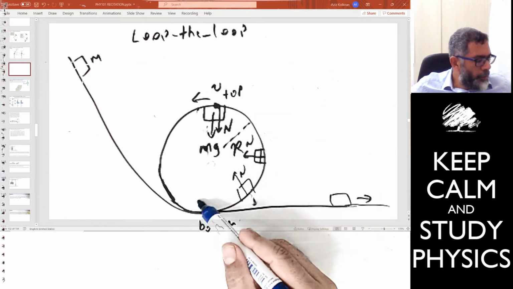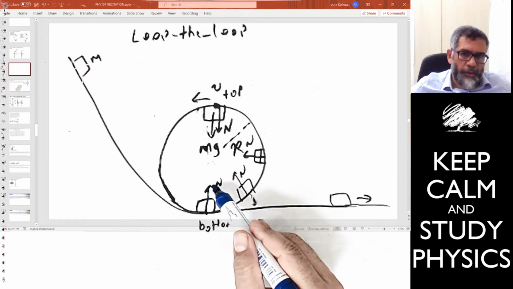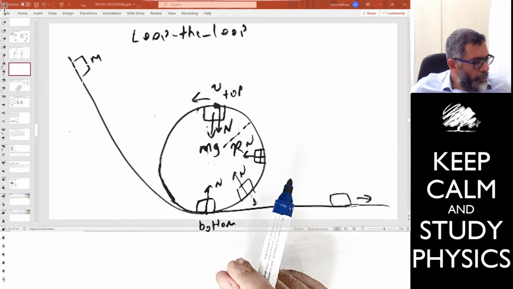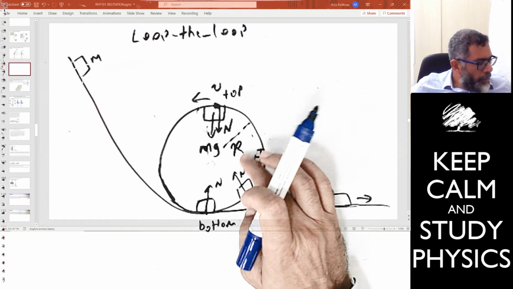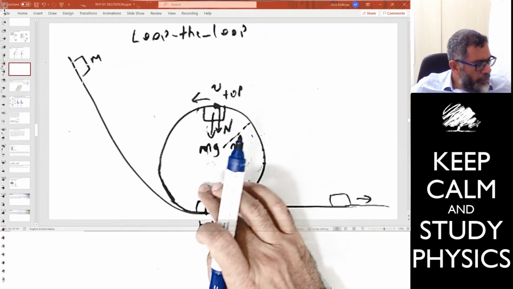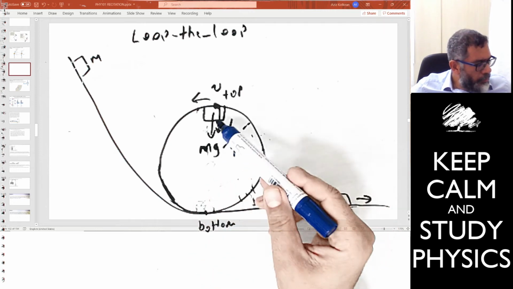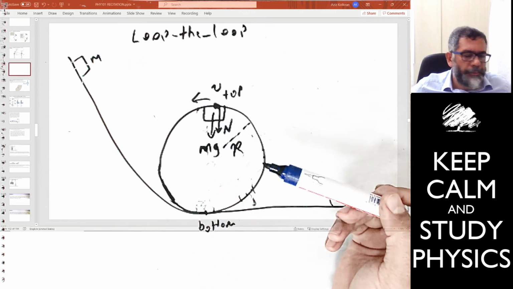Right over here the normal force is just in this direction. I hope you got the point. Are there any other forces, supposing that there is no friction on the road? These are the only forces.